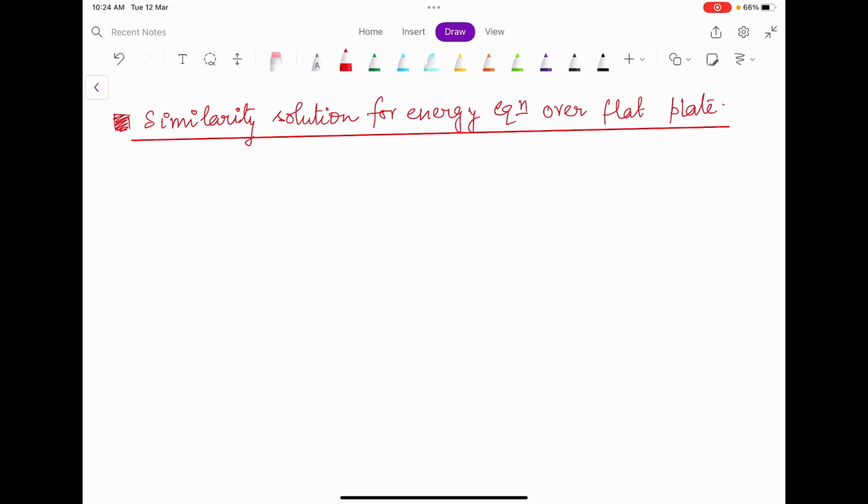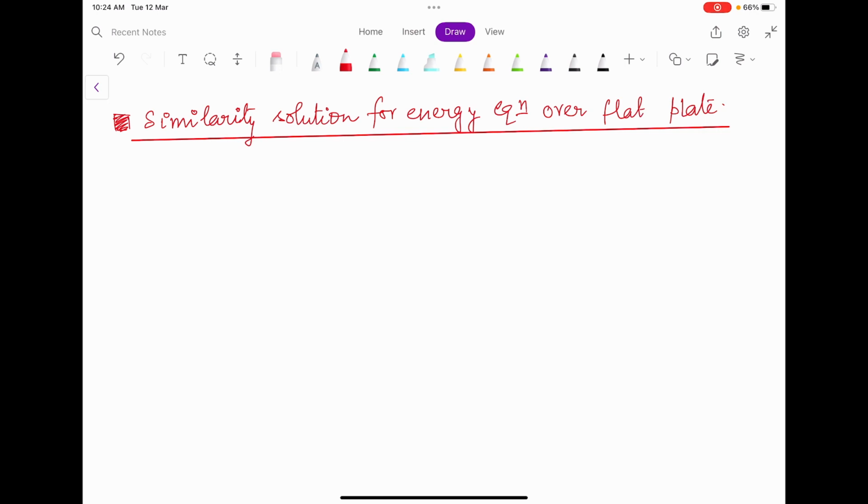Okay, so the answer is that we can convert the PDE into an ODE by defining a similarity variable, and there exists a single graph, of that similarity variable and a function of that similarity variable, and that graph will represent all the graphs throughout the domain.